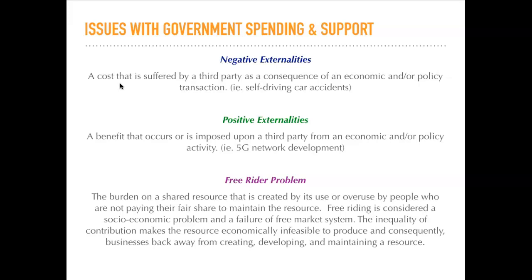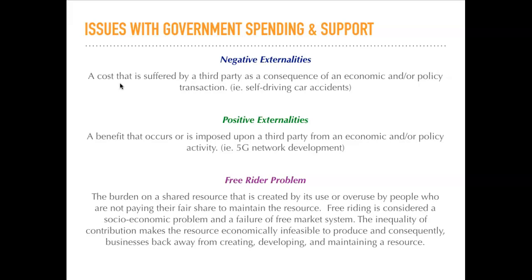So again, government money is being lent to self-driving car manufacturers so that they can develop this technology and do research. But there are times where accidents will happen because it is a nascent technology, and people who are not directly part of studying this technology are hurt.